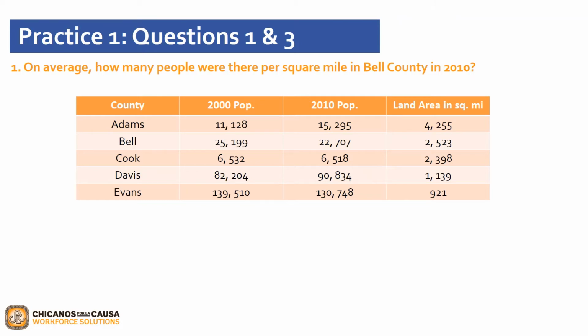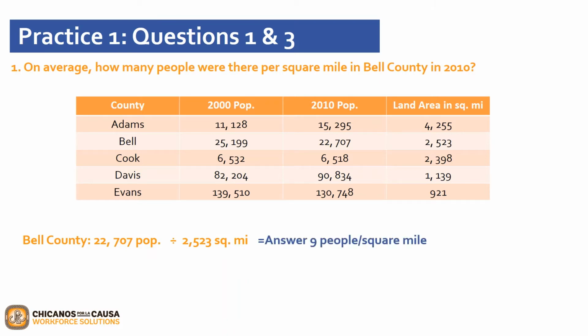So these are the two sets of data that we're going to use to solve this problem. Again, the population is 22,707. We are going to divide that amount by the amount of area that's actually available for those people to live in. So we're going to divide that by our 2,523 square miles of Bell County.